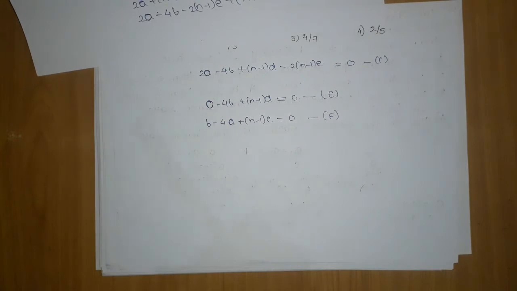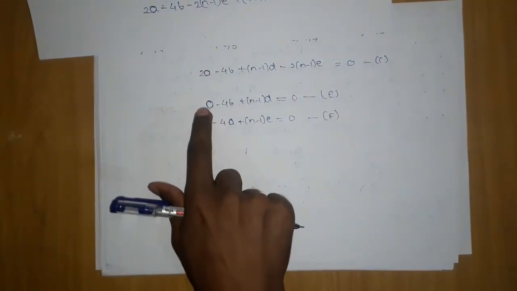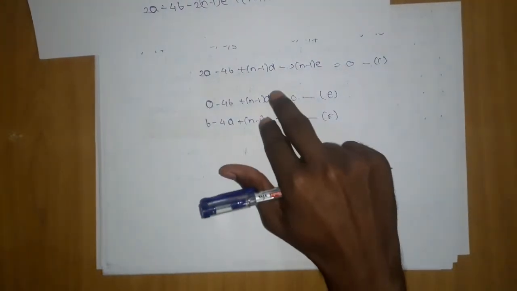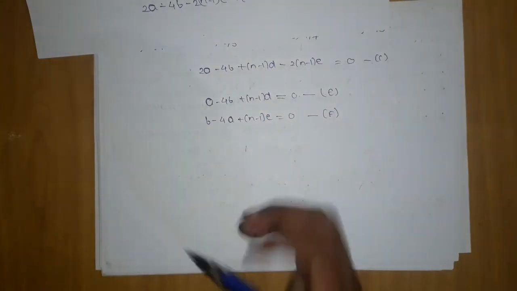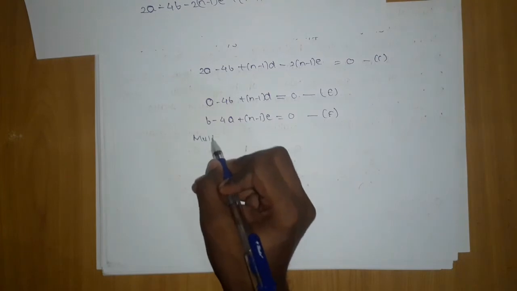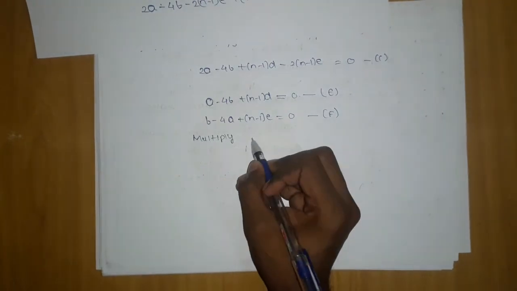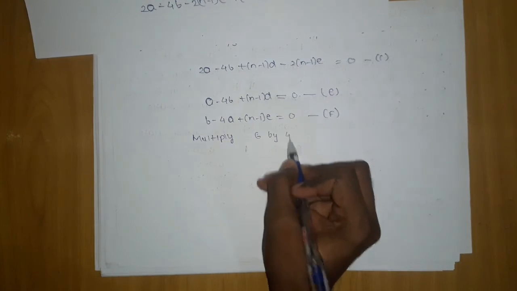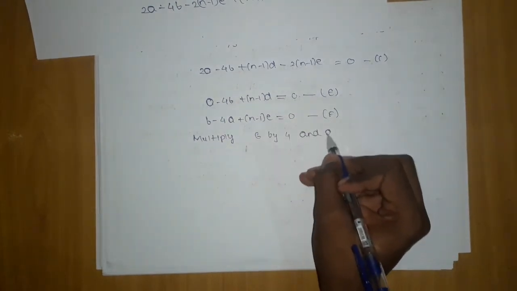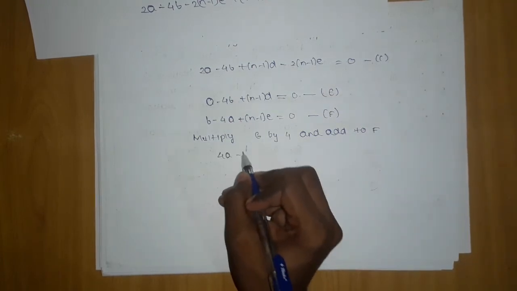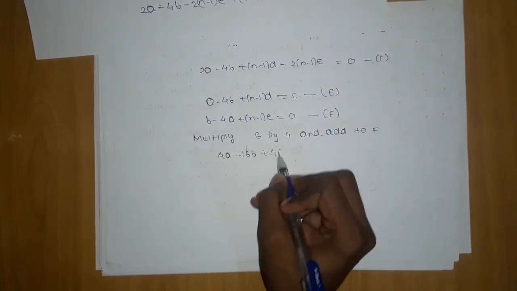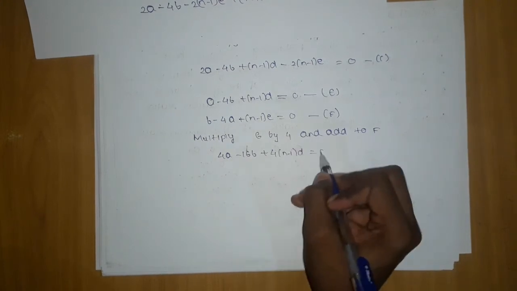So what we can do is multiply this by 4 and add on. My a will get eliminated and I will get terms in both, because my final equation has these terms, n minus 1 in both. Multiply e by 4 and add f, which will give me 4a minus 16b plus 4(n minus 1) into d equals 0.